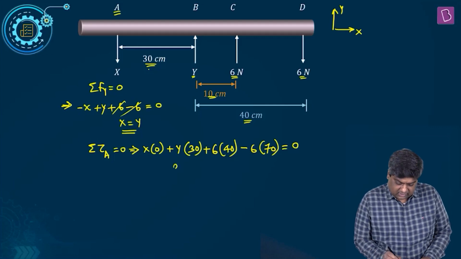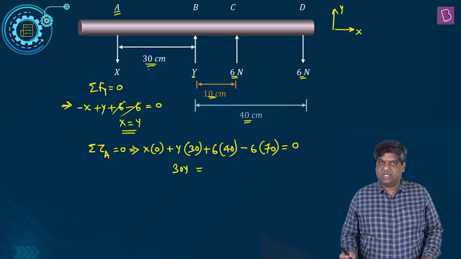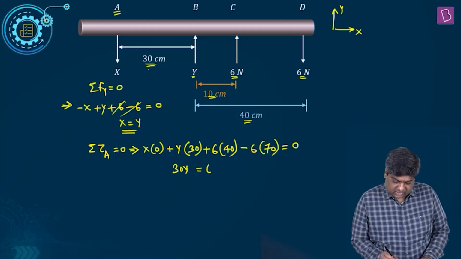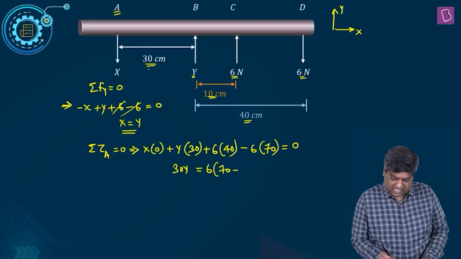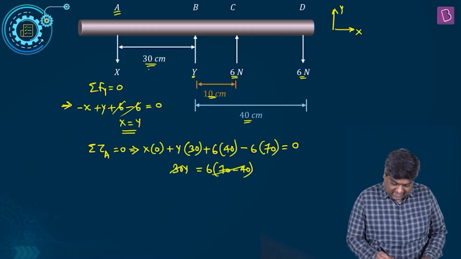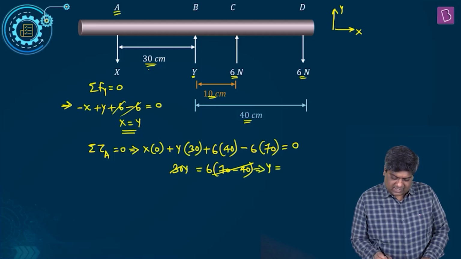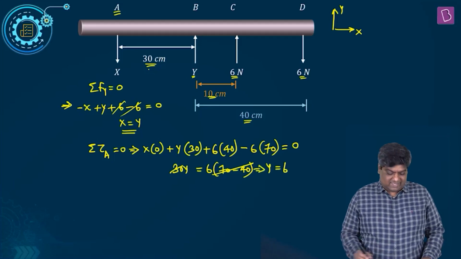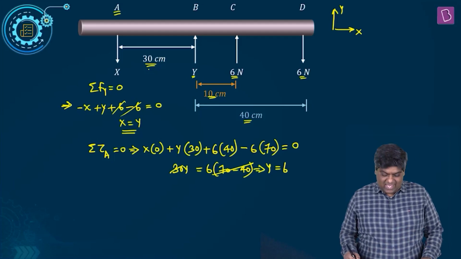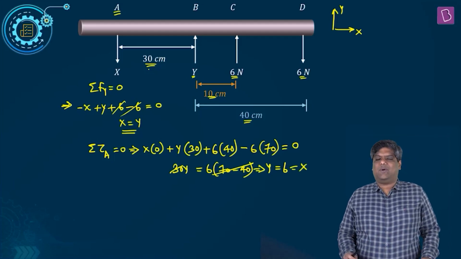So I'll have 30y is equal to, take the other two terms to the RHS, take 6 common, so I'll have a plus 70 minus 40, which is again 30. So this 30 and this 30 cancel out, and you're going to get y is equal to 6. And since x is equal to y and y is equal to 6, x is also equal to 6.